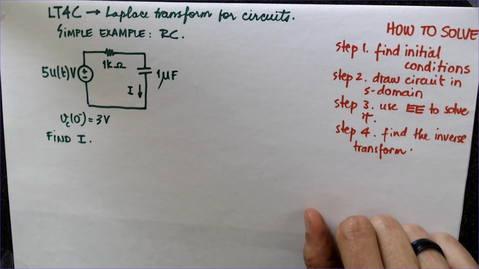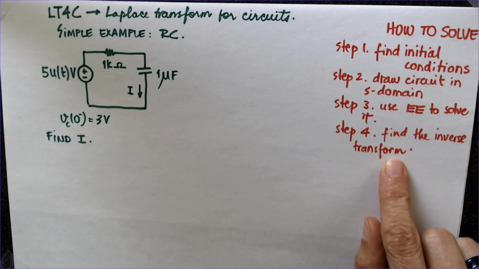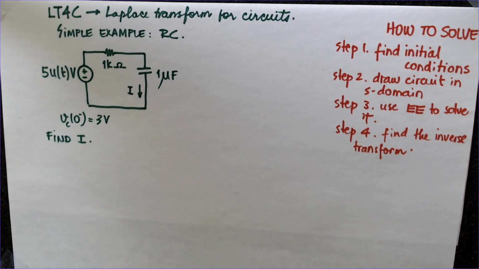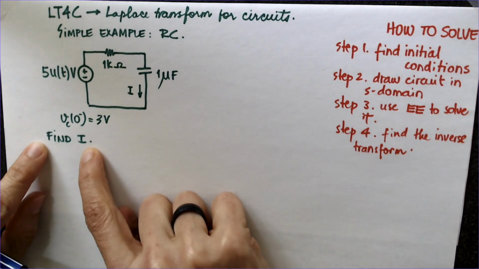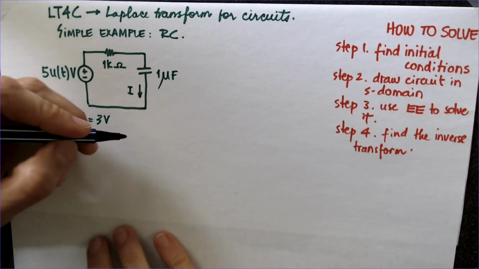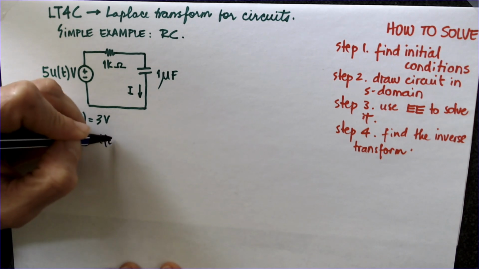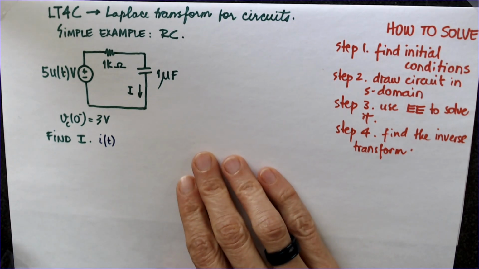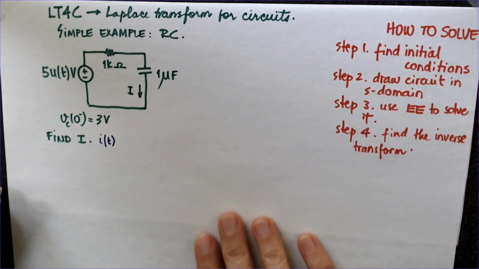And then we're going to use the traditional electrical engineering methods to solve the circuit, which are nodal, mesh, Kirchhoff's law, Thevenin, superposition. And then we're going to find the inverse transform and hopefully get, for example, the current as a function of time. So the question here is to find I of t.